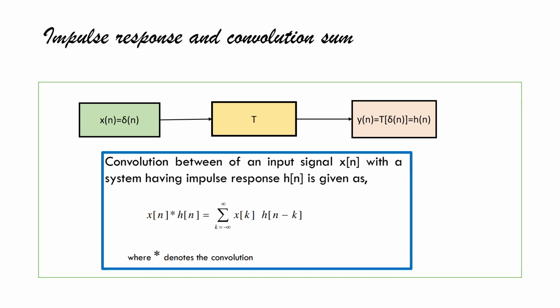Next, I explained the difference between discrete and digital. After that, I explained what is the continuous time system, what is the discrete time system. Then impulse response, and finally the convolution sum. So this is up to lecture 1.